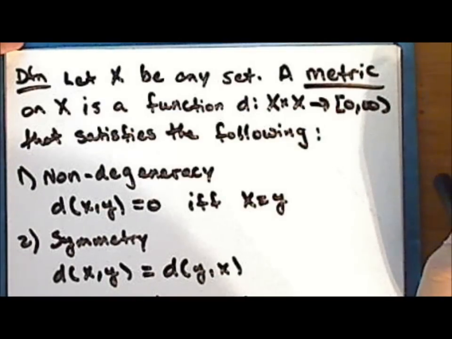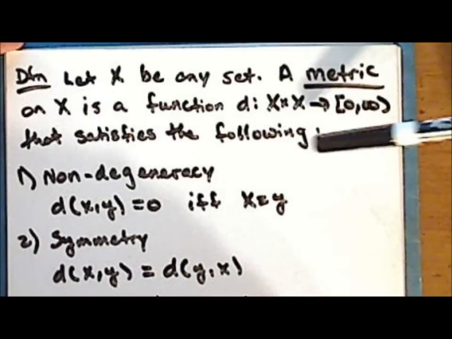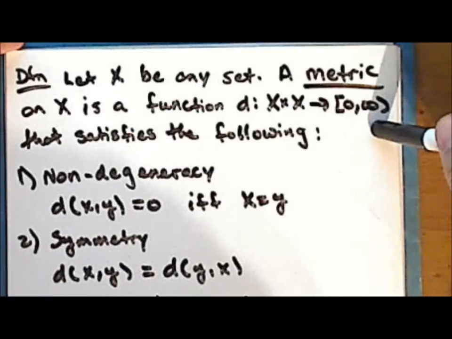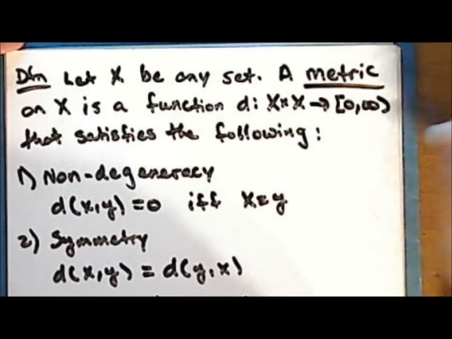Now a metric is a function that takes two points in the underlying set and maps them into a non-negative real number, not inclusive of infinity. So the codomain is the real line. But again, this metric takes as an argument two points in the underlying space.